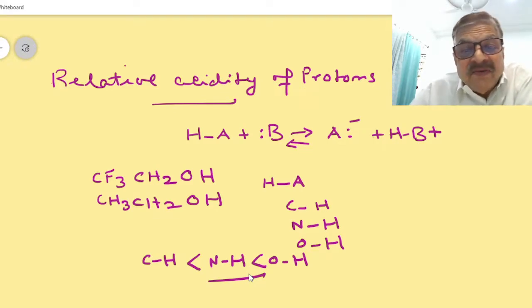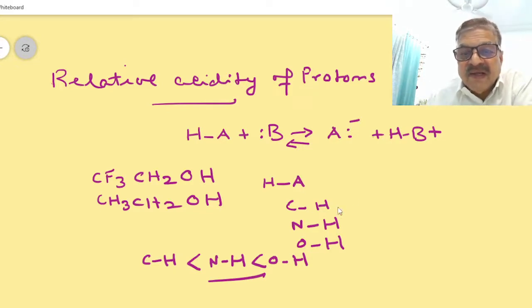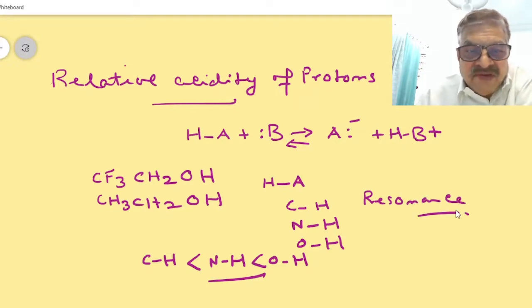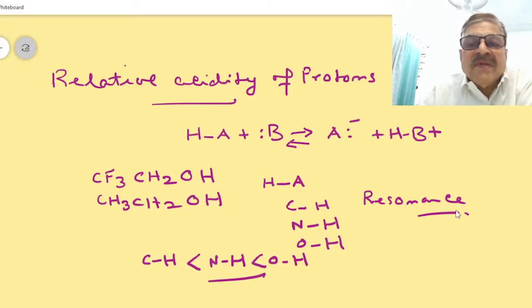So, we have to see whether the conjugate base is stabilized on account of resonance. Resonance means electron delocalization, delocalization of the electron density. Because of that, the conjugate base gets stabilized. The electron density is not concentrated, or localized, on a particular atom.